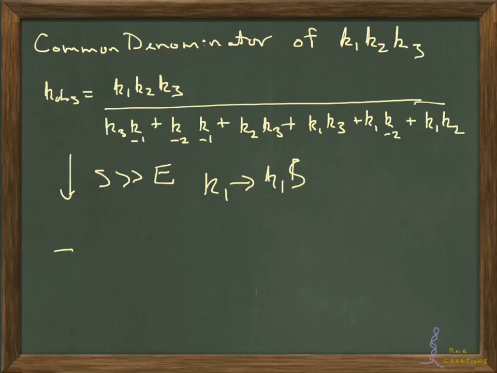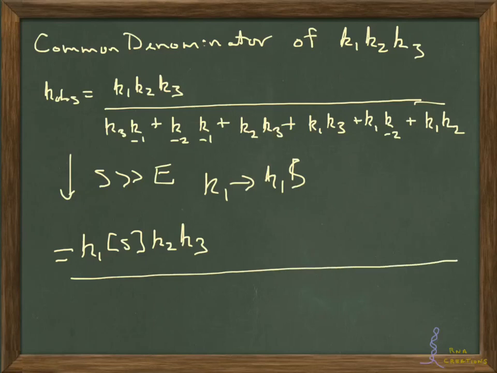And so it's really equal to K1S, K2, K3 over, and then you have to go all the way through, and wherever you see K1, replace it with K1S.